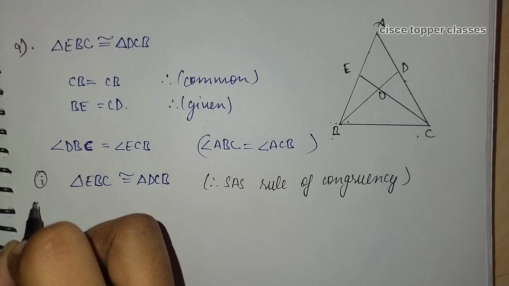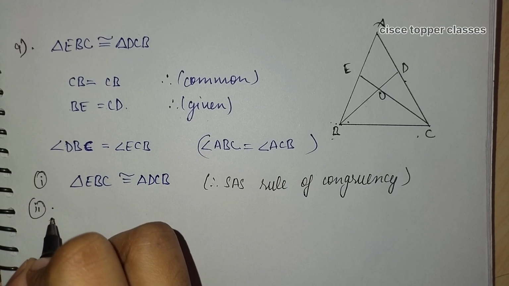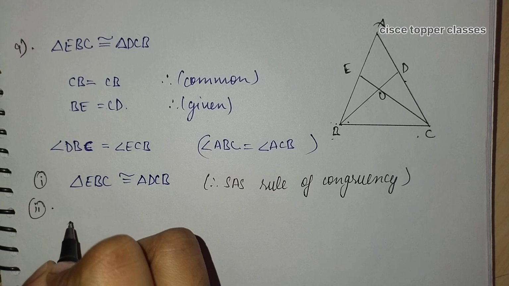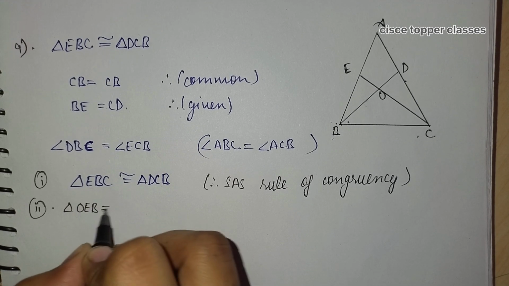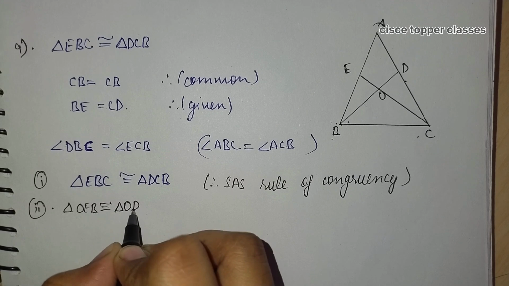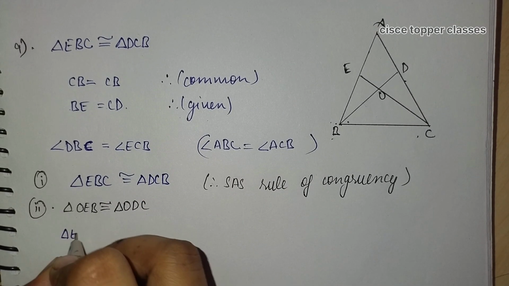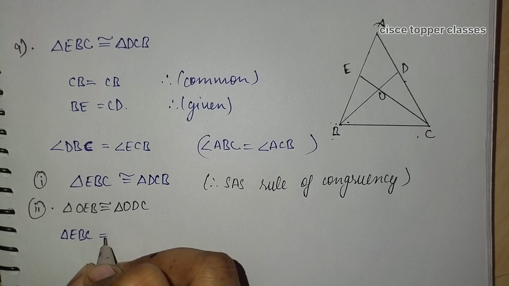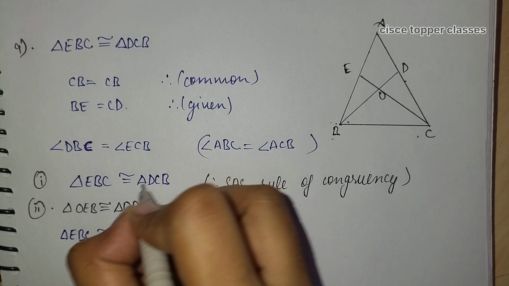Now the second part is triangle OEB is congruent to triangle ODC. So to prove that triangle OEB is congruent to triangle ODC, we can simply subtract from this congruency, triangle EBC congruent to triangle DCB.